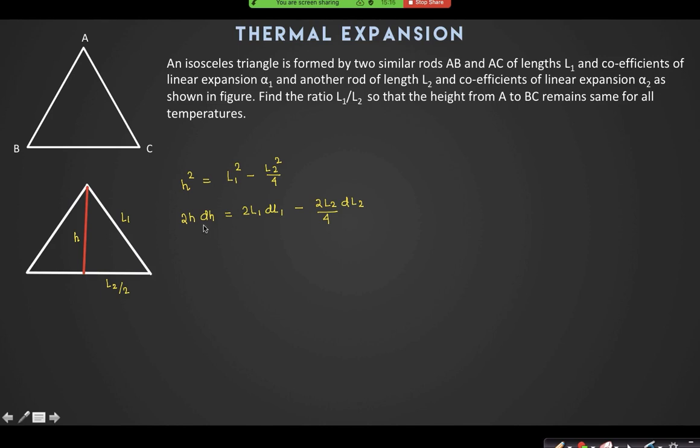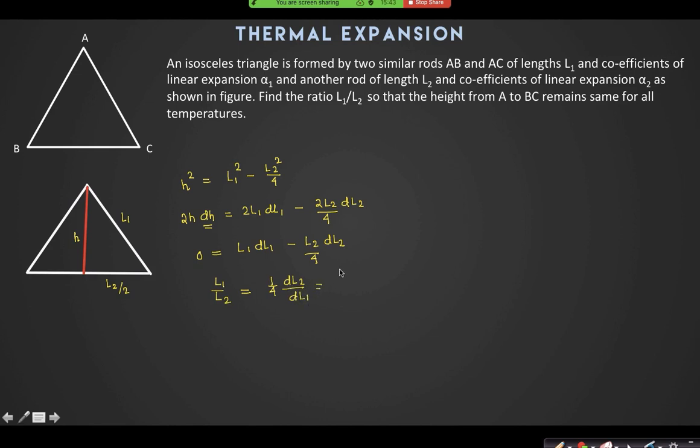And dh should be 0 because the change is 0, right? So 0 should be L1 dL1 minus L2 dL2 by 4. So L1 by L2 is equal to 1 by 4 dL2 by dL1.